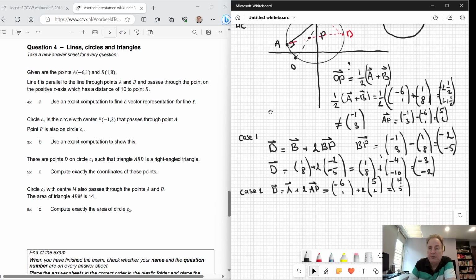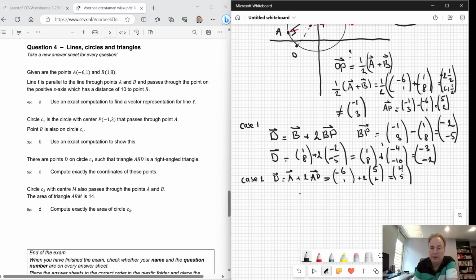Okay, so now we have found our D. What does it say again? Still always easy to make mistakes. Minus 3, minus 2, or 4, 5.